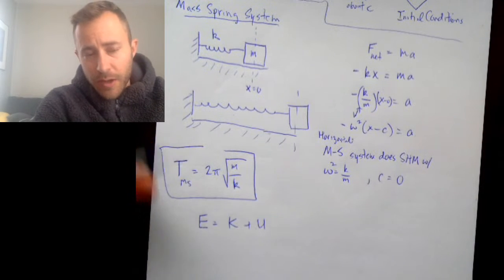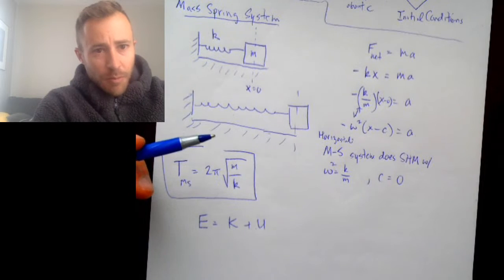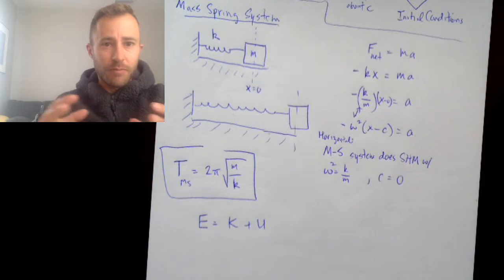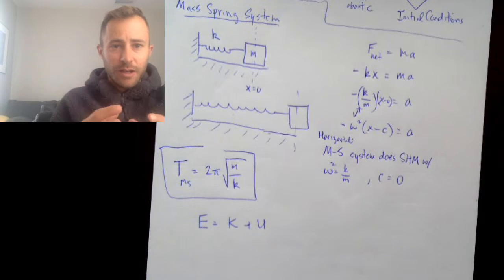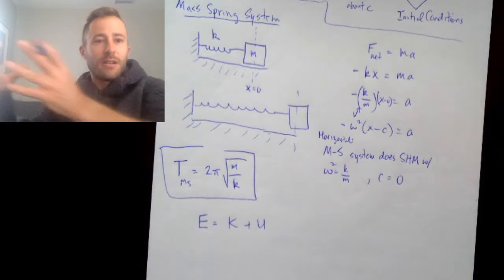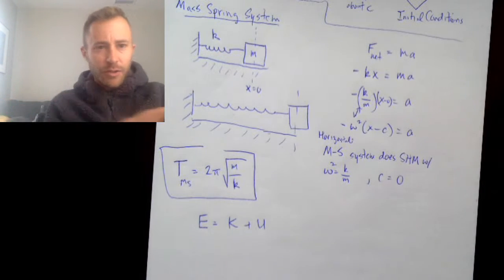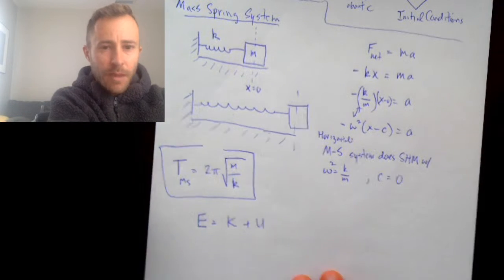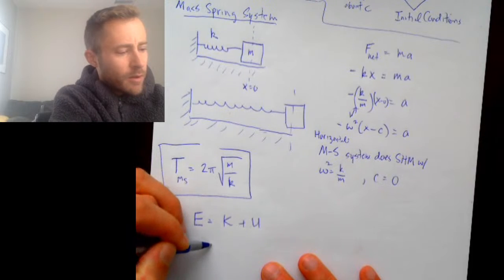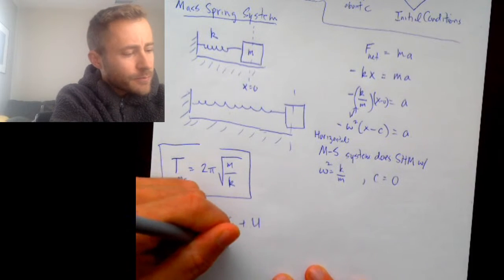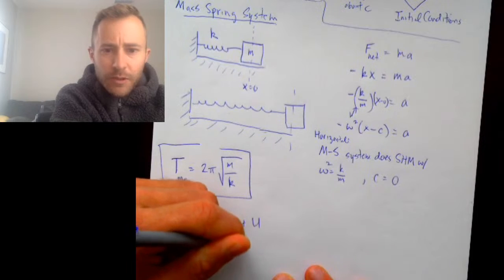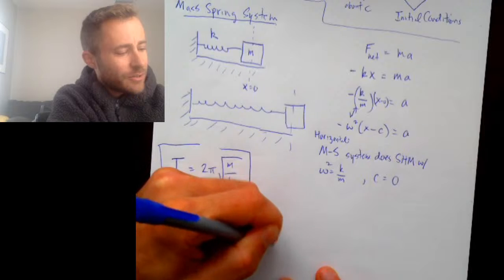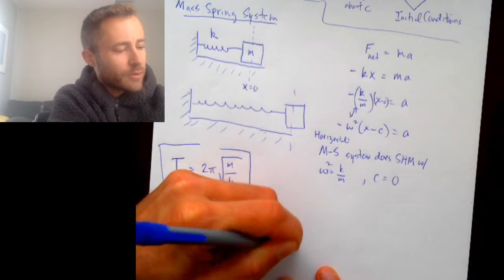In fact, we can think about simple harmonic motion as an exchange between kinetic energy and potential energy. So potential energy goes into kinetic energy, goes back into potential energy, goes back into kinetic energy. And so it's energy passed back and forth over and over between kinetic and potential. The kinetic energy is 1/2 mv squared. The potential energy is elastic potential energy, 1/2 kx squared.